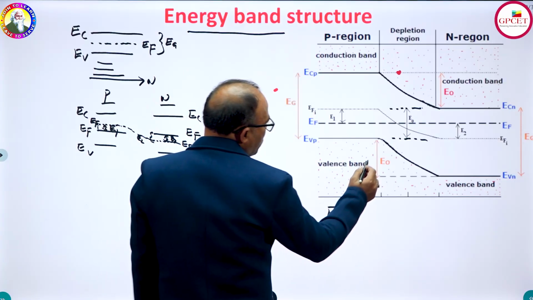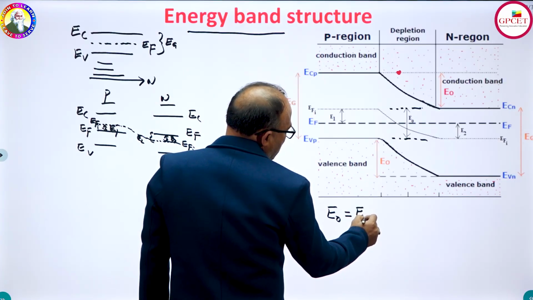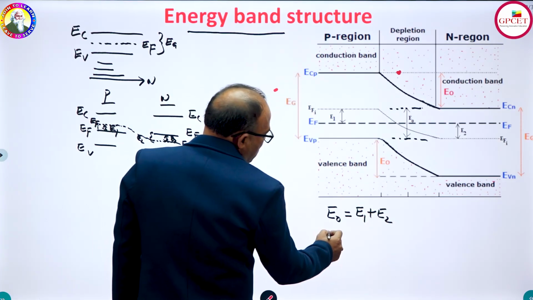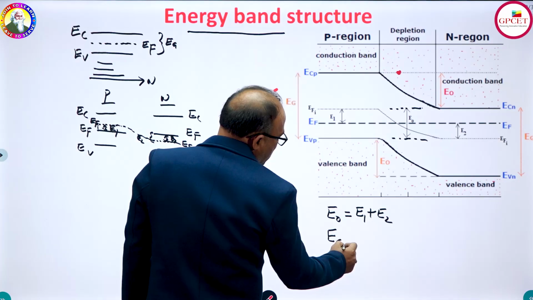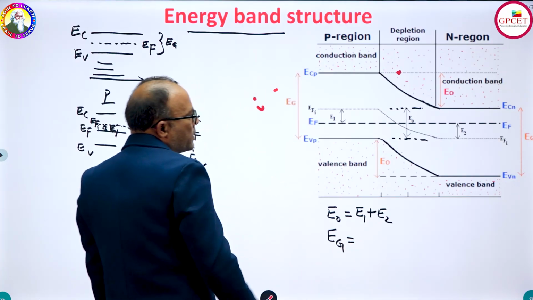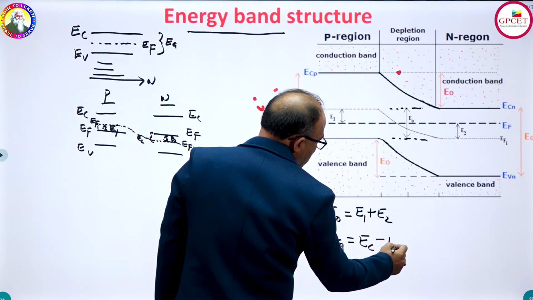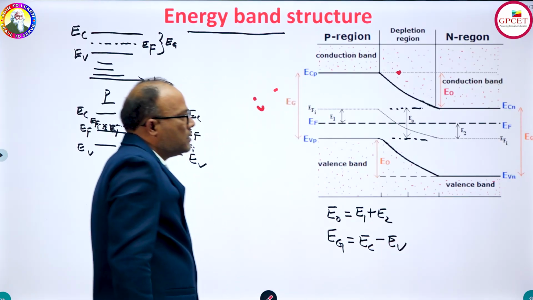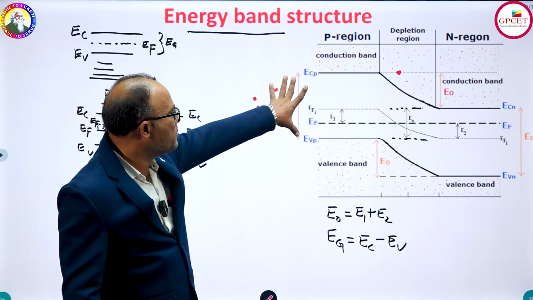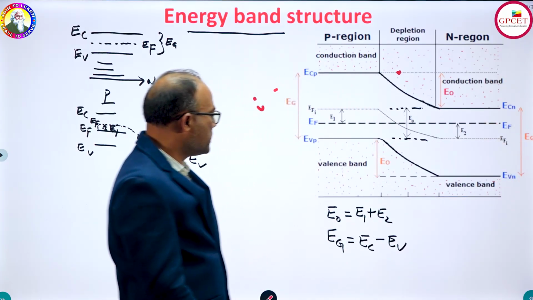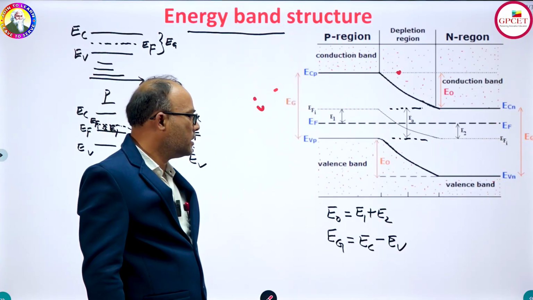So E naught can be written as E1 plus E2, or you can write the energy gap Eg as EC minus EV. You can take it as a p-type semiconductor, or as an n-type semiconductor. So the energy gap Eg is equal to EC minus EV.